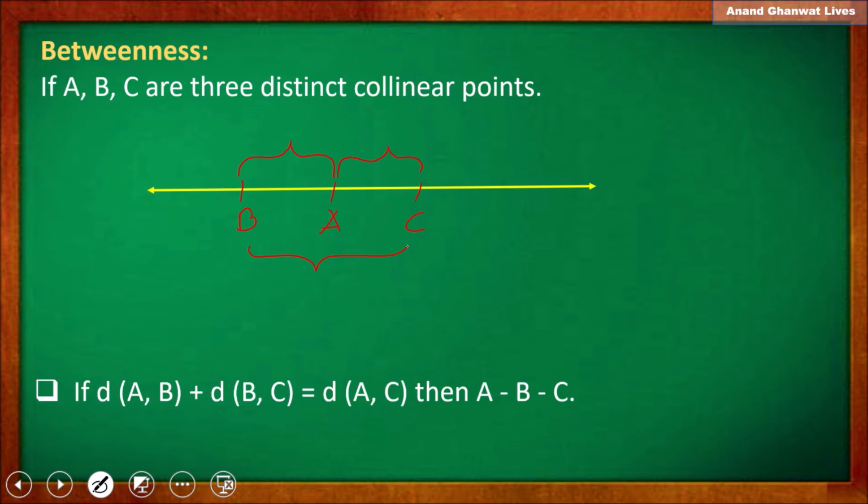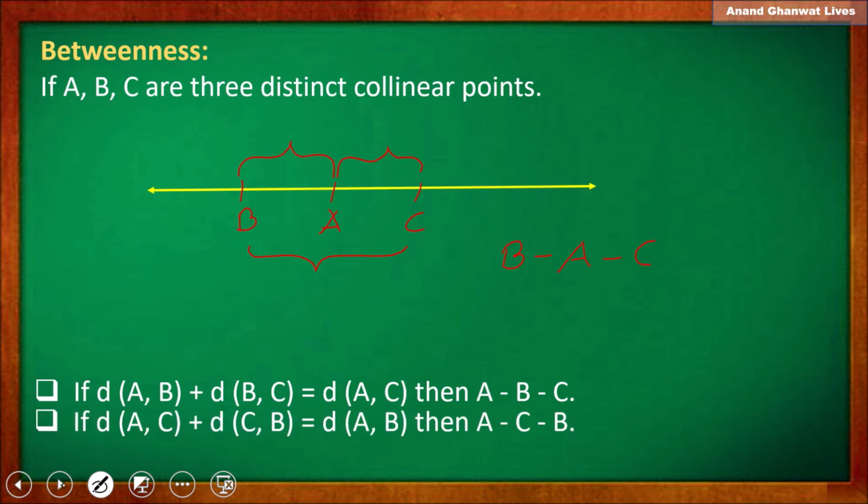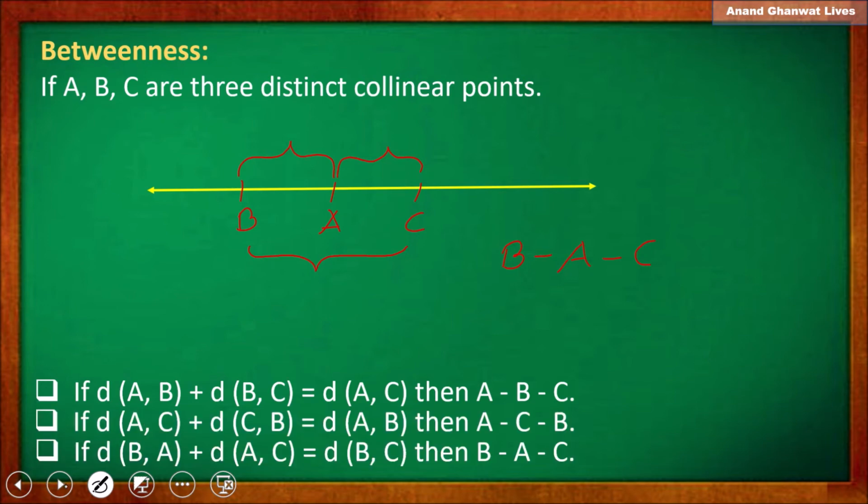So in this condition, B dash A dash C means A lies between point B and C. So we can say that if the distance between point B comma A plus the distance between point A comma C is equal to the distance between point B comma C, then B dash A dash C.